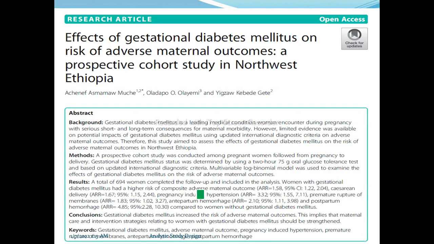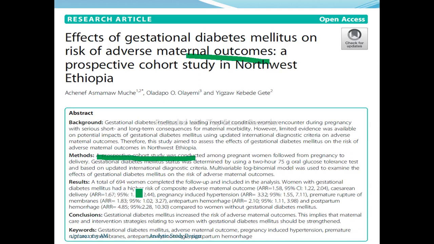The other is the effects of gestational diabetes mellitus. This is a prospective cohort study conducted among pregnant women followed from pregnancy to delivery. In this study, mothers with gestational diabetes and without gestational diabetes were followed for maternal outcome.